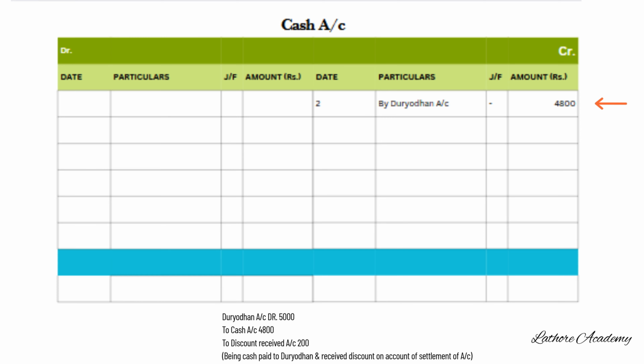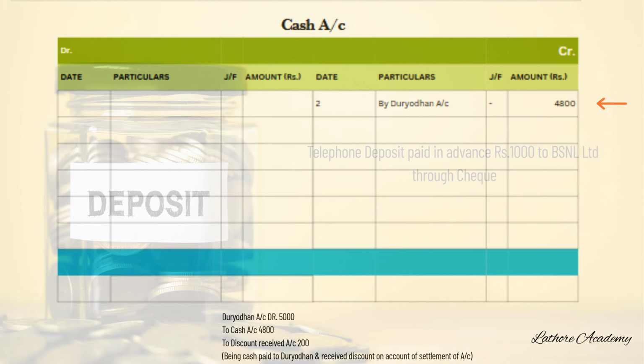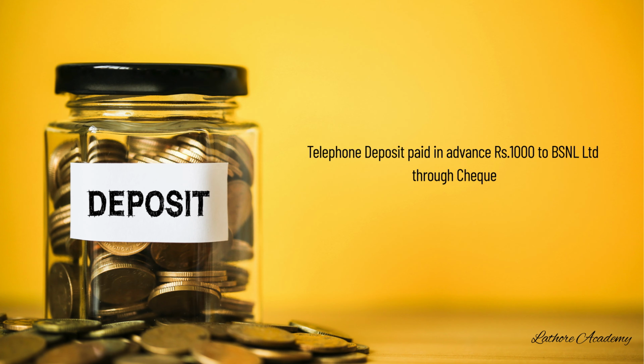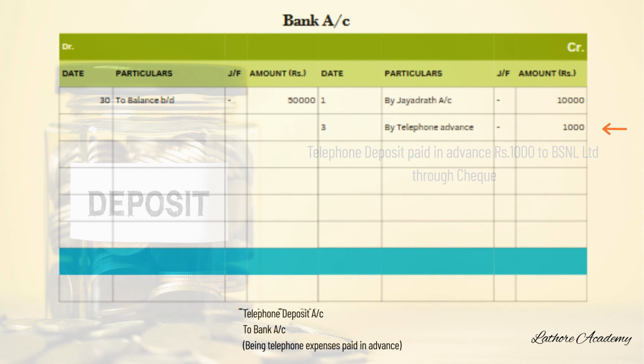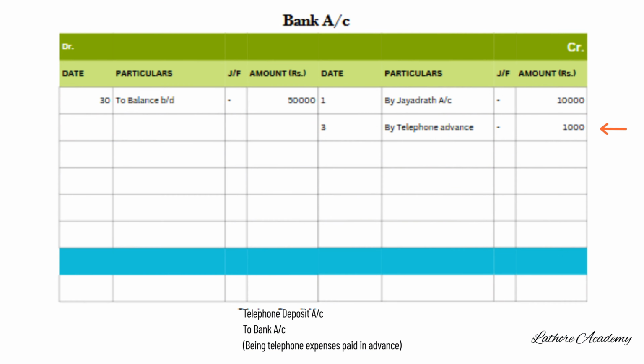Moving on to the third transaction, telephone expenses paid in advance. Actually, it is a telephone deposit paid in advance, 1,000 rupees to BSNL Limited through cheque. The journal entry will be telephone deposit account debited to bank account.